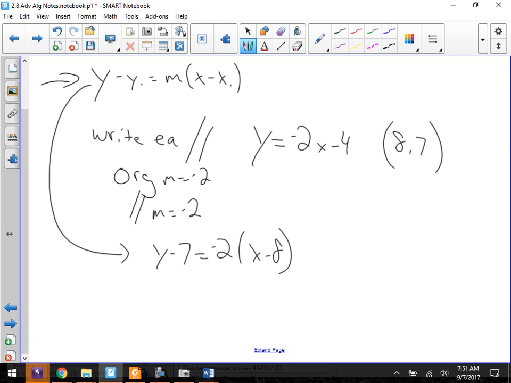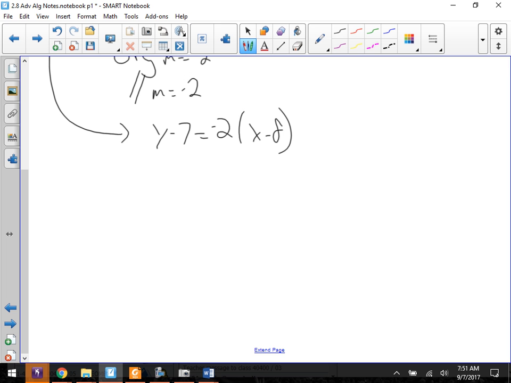And then what would you do? Distribute and solve for y. Good, and that's what pushes you into slope-intercept form. So you get y equals negative 2x plus 16 plus 7, which is 23.